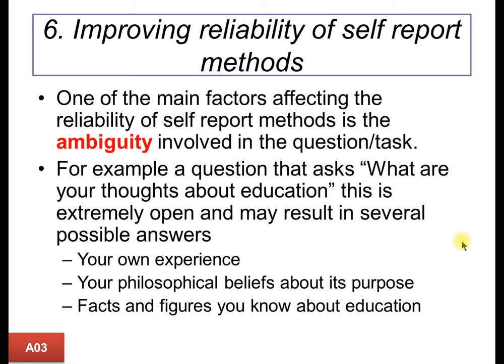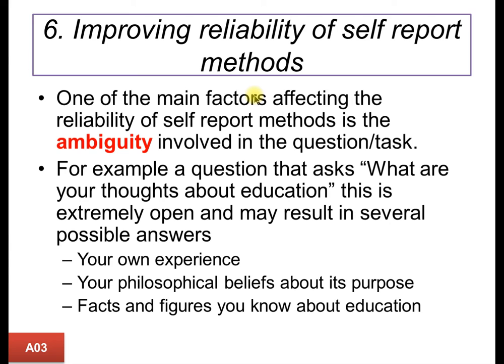Okay, how do we improve the reliability of self-report methods? Very similar to our observations. Most of the issues are going to arise as a result of ambiguity in terms of the questions developed, asked, or the task we're asking them to undertake. For example, a question that asks, what are your thoughts about education?